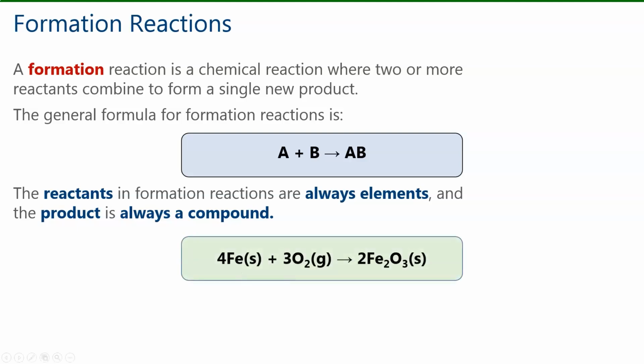In our example here, we can see our reactants are two elements, and our product is a compound. Remembering that the reactants in a formation equation are always elements, and the product is always a compound, will help you identify formation reactions from other types of reactions.